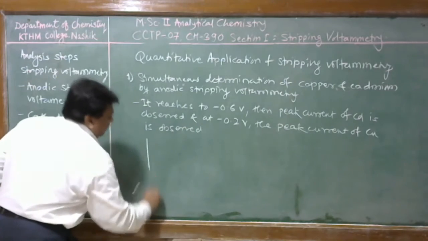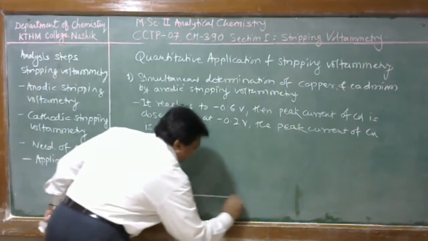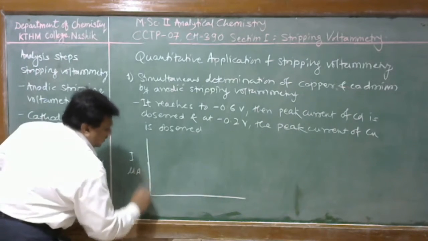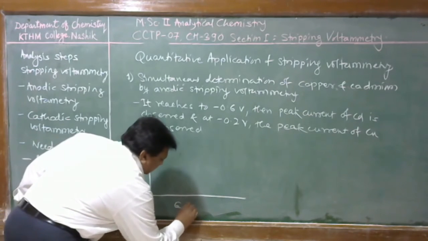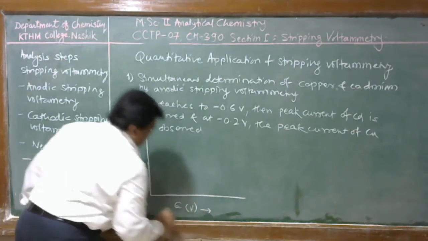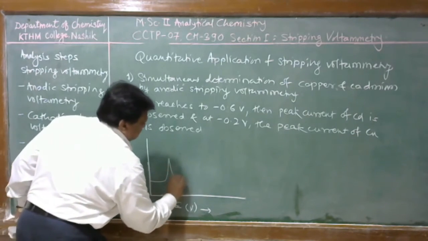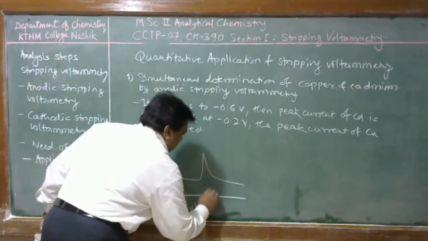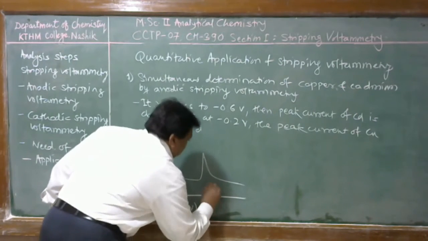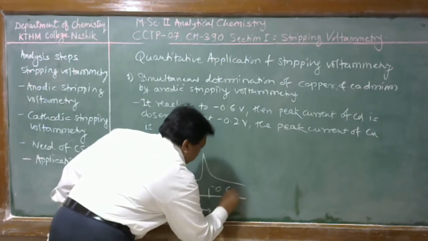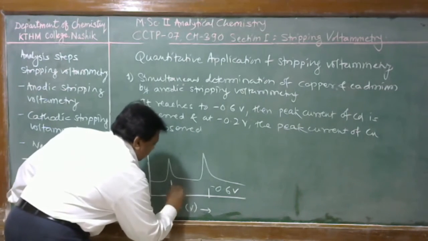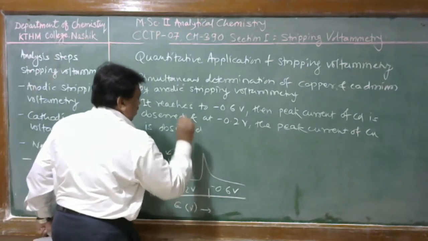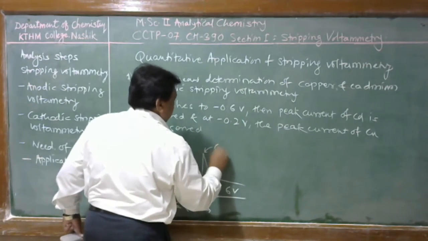The stripping voltammogram is like this. Here is current in microampere versus EMF in volt. We have two peaks, one at minus 0.6 volt and the second at minus 0.2 volt. This is for cadmium and this is for copper.